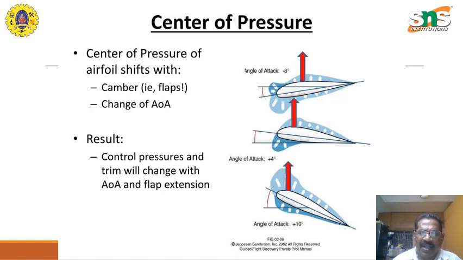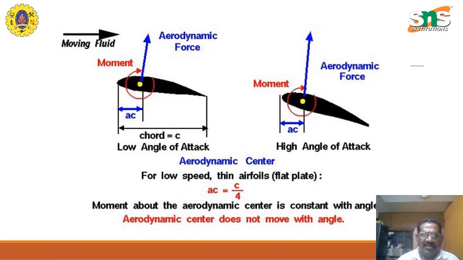Here the angle of attack is 4 degrees, here the angle of attack is 10 degrees, and this angle of attack is minus 8 degrees. Here the aerodynamic force is shown. The moment about the aerodynamic center is constant with angle of attack.